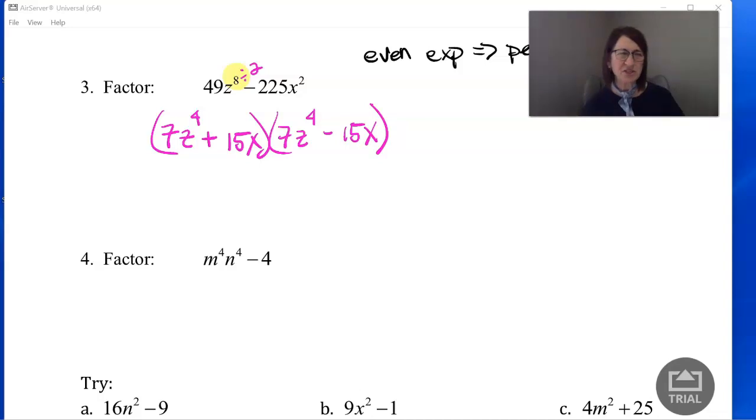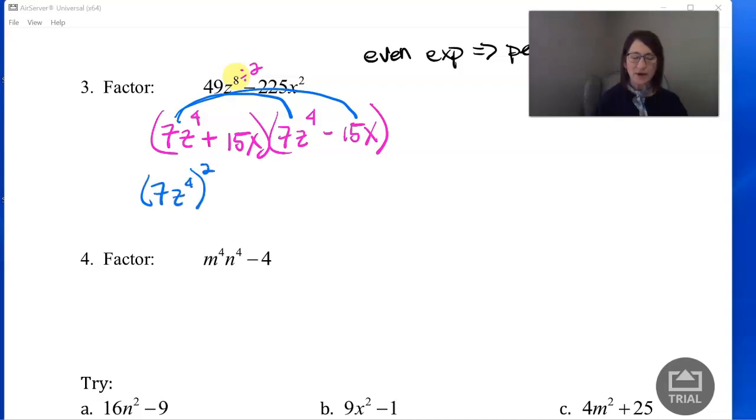Now this is a good one for us to check. So let's go ahead and do that. What I'm going to do is take my first term and multiply it times each of the terms in that second binomial. So that's going to give us 7z to the 4th squared, 7z to the 4th times 7z to the 4th, and then minus 7z to the 4th times 15x.